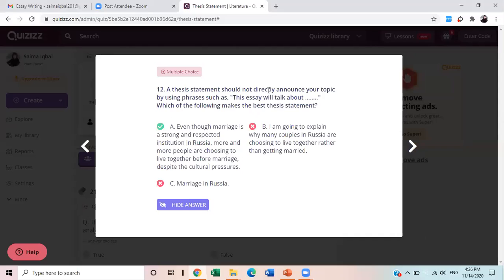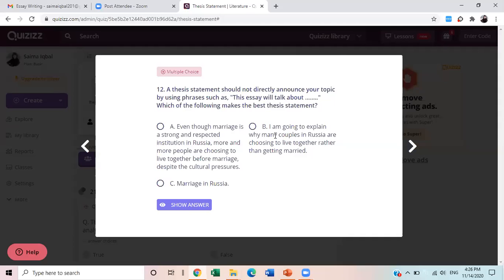A thesis statement should not directly announce your topic by using phrases such as "this essay will talk about." Which of the following makes the best thesis statement? Even though marriage is a strong and respected institution in Russia, more and more people are choosing to live together before marriage, despite the cultural pressures.